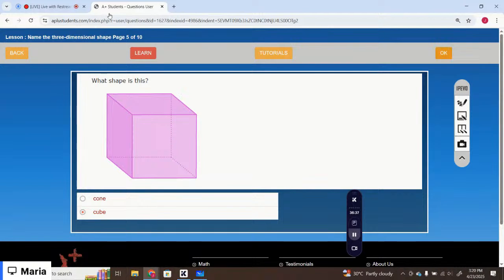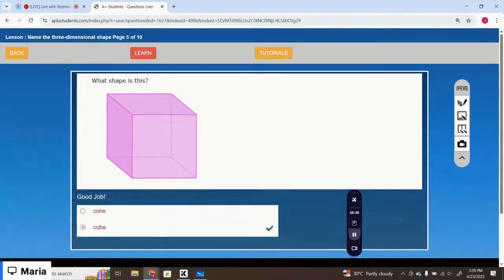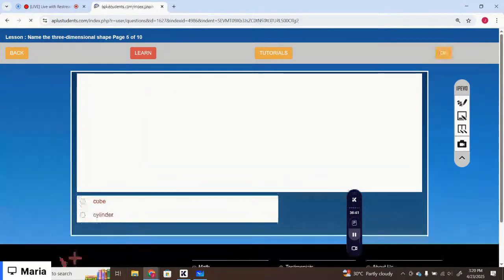Okay, the next one is, what shape is this? Which is the correct option?